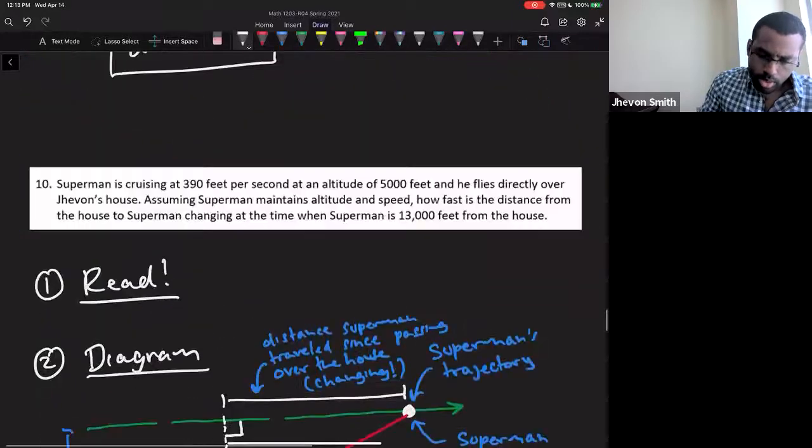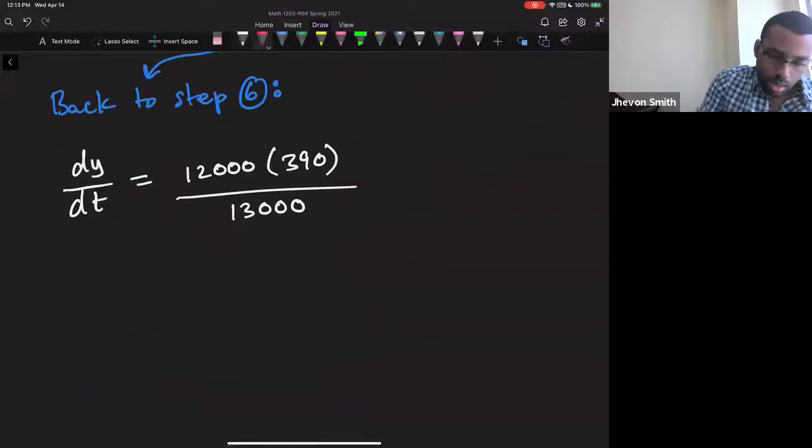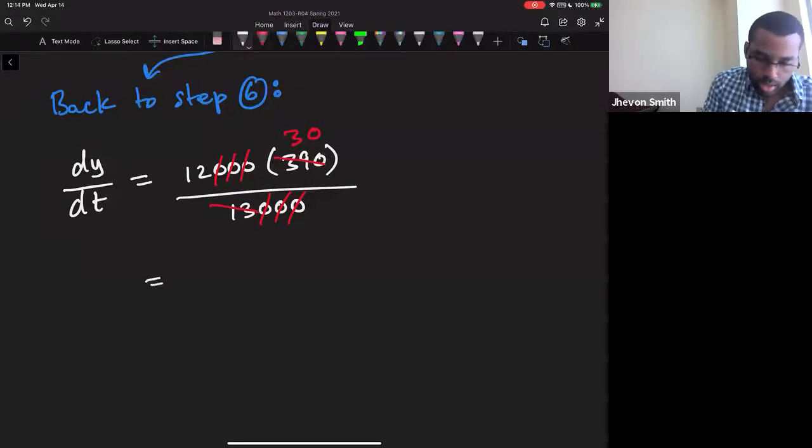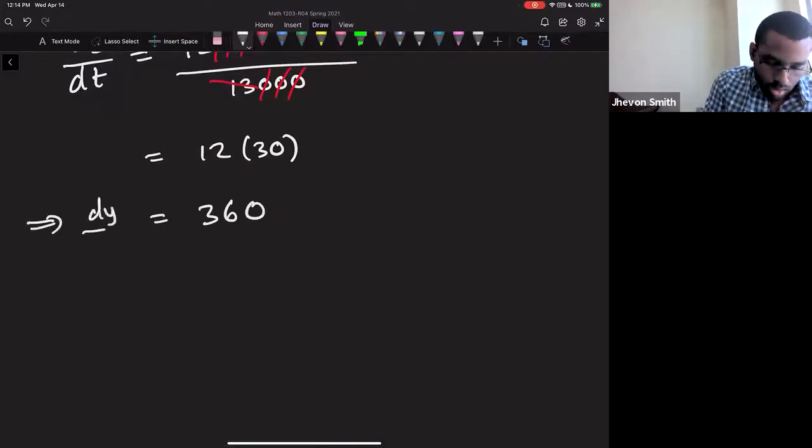Was it 390? Let me make sure. 390 feet per second. Yeah. Of course you could cancel all the thousands. 13 does go into 39 three times, so that goes into that 30. And so we have essentially 12 times 30. So that's going to be 360 feet per second.